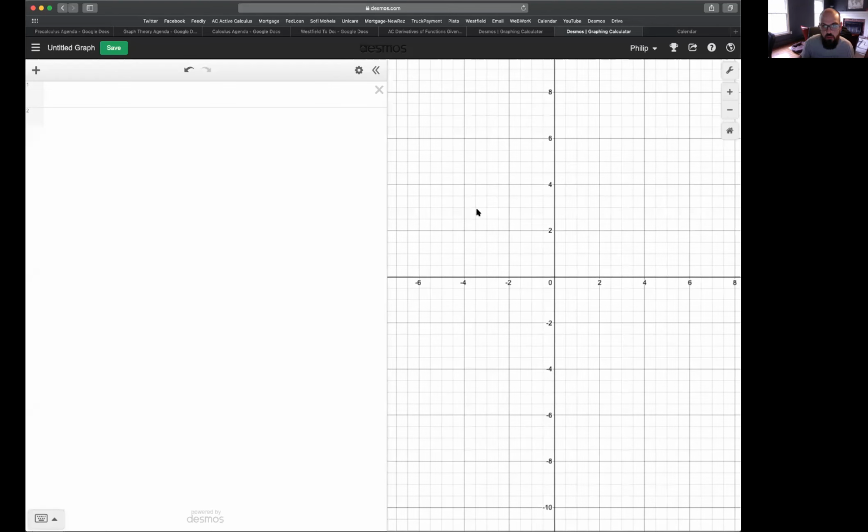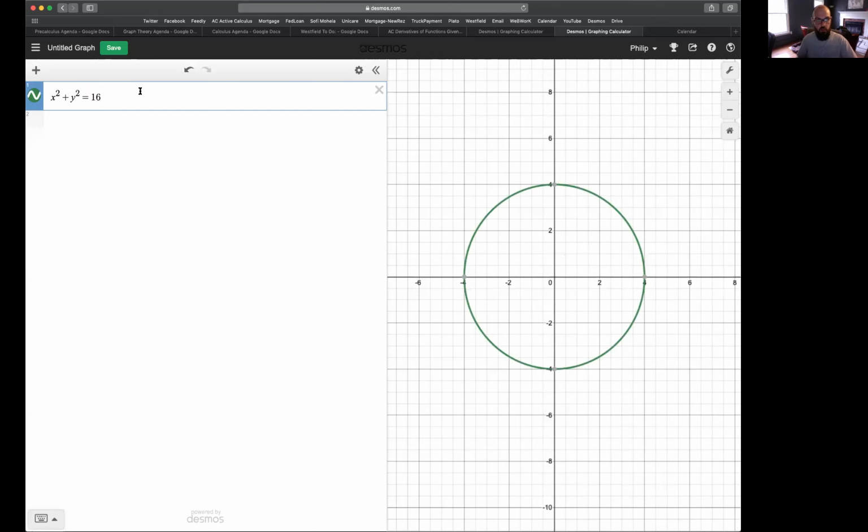Okay, so share my Desmos here. All right, so here's our equation, x squared plus y squared equals 16, right? So here's our circle, and then this point 1 square root of 15 should be on there, right? So here's our point, 1 comma square root of 15.